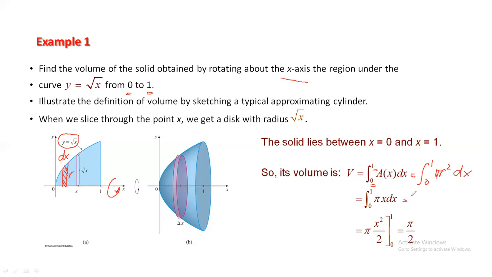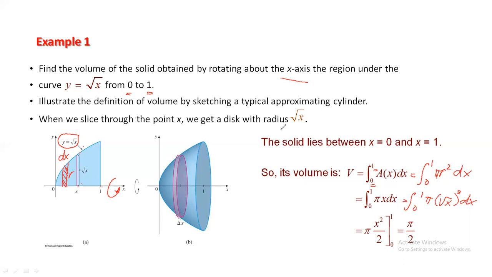This came from the integral of 0 to 1 pi square root of x, because that's your r, but it has been squared, dx. And the rest is just substitution of the limits of integration. So integrating gives you x squared over 2, and substituting the limits gives you pi over 2, because if you square 1, that would still be 1.